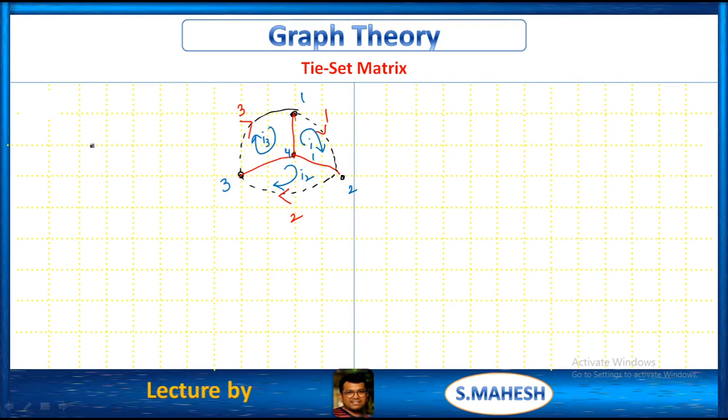Now we have to get the tie set matrix. That is what we are having. Loops and branches.